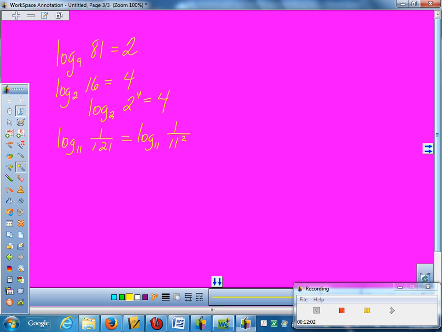Okay, so now I have them both in base 11s, but it has to be up top, can't be on the bottom. So when I bring that up, that's 11 to the negative 2 power. So now they both have base 11s. What's the answer? Negative 2. Okay. A logarithm and something written as a base to an exponent, logarithms and exponential functions are inverses. They cancel each other out. So the log takes out the exponential function, and you're left with the negative 2 out of the deal.